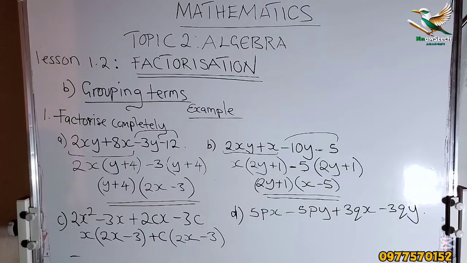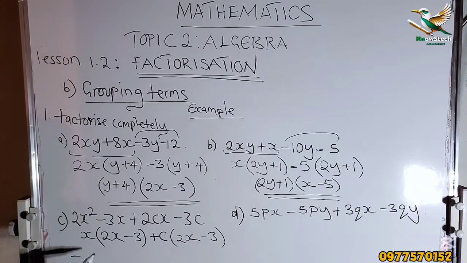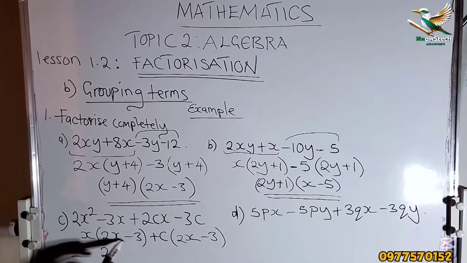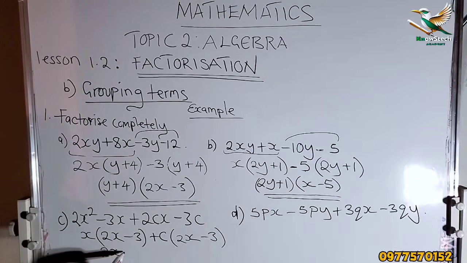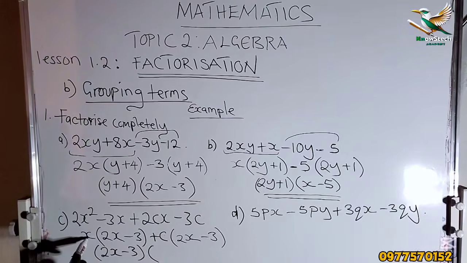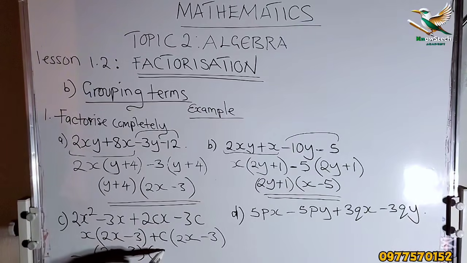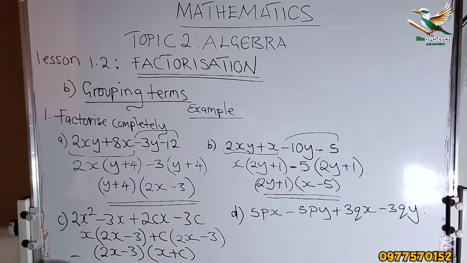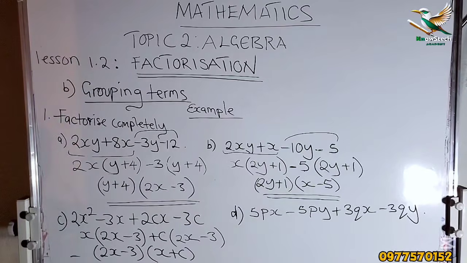The final answer, therefore, write one of these, 2x minus 3, okay, like this, open bracket, x plus c, x plus c. This is the answer. Are we together, my friends? Okay, so that is the answer.